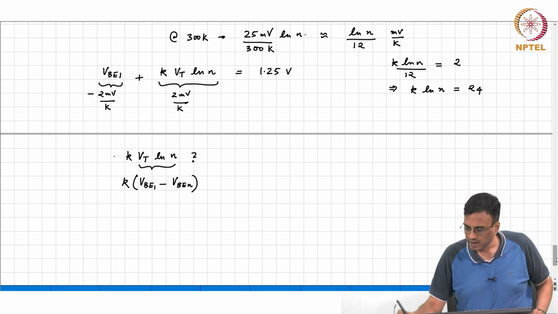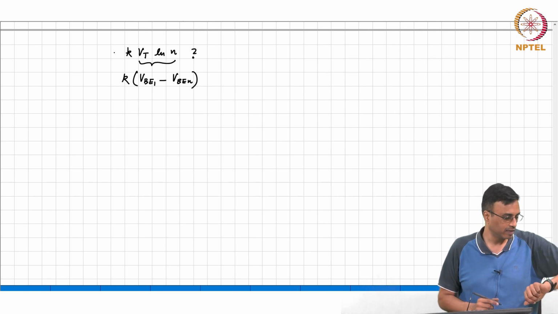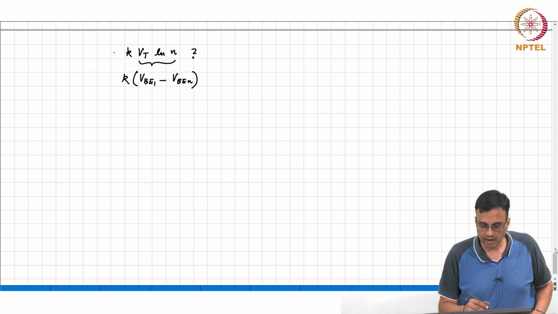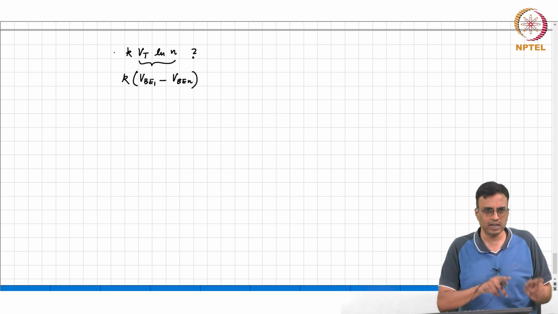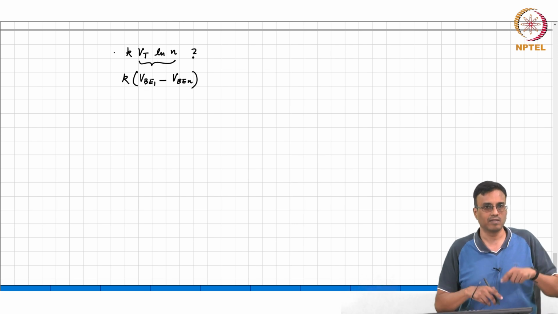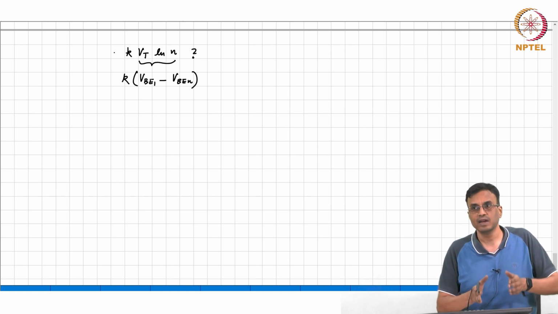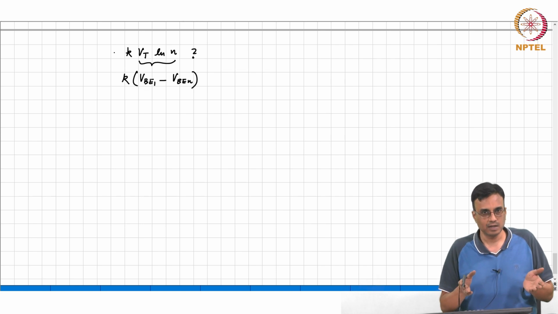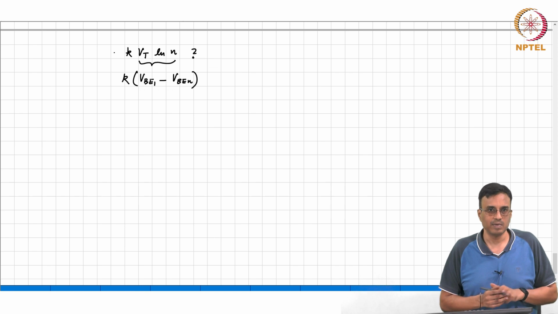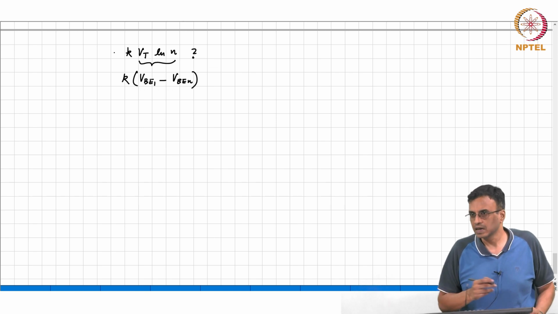All right. So let's do simple things first. Rather than try to amplify Vbe1 minus Vben as the first step, let's try and amplify Vbe1 first, right? And from that intuition, hopefully we will be able to figure out Vbe1 minus Vben.